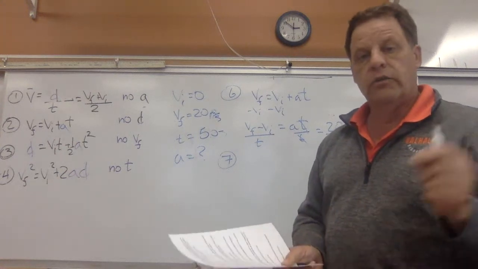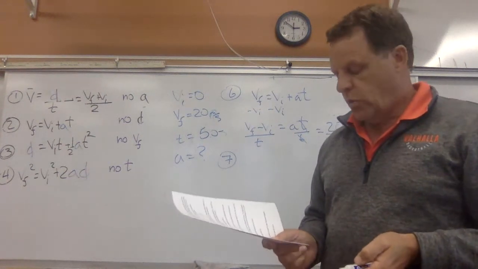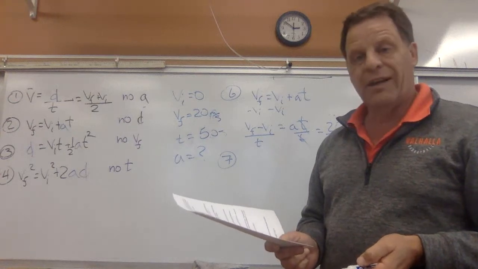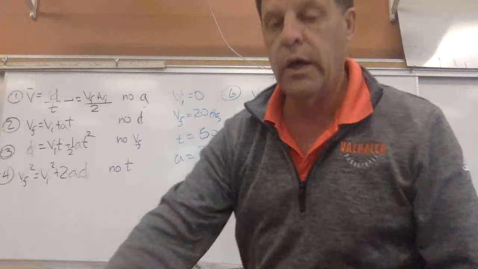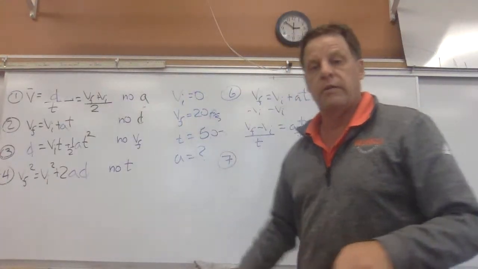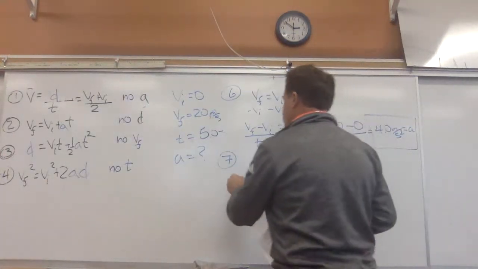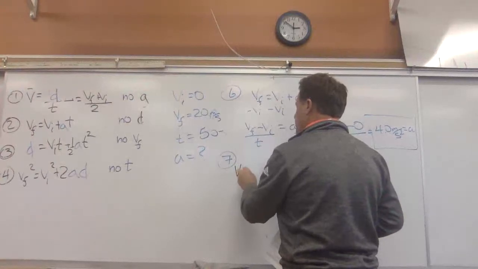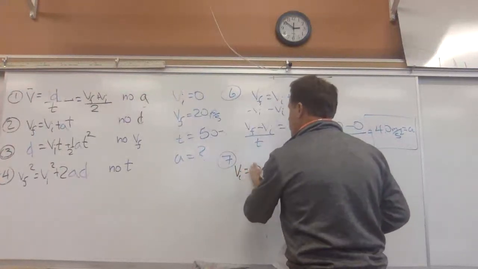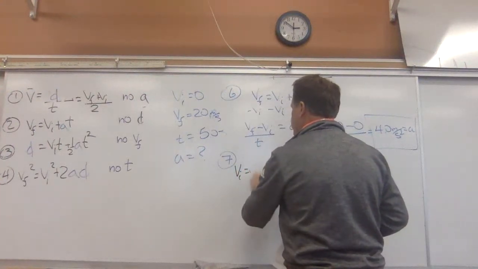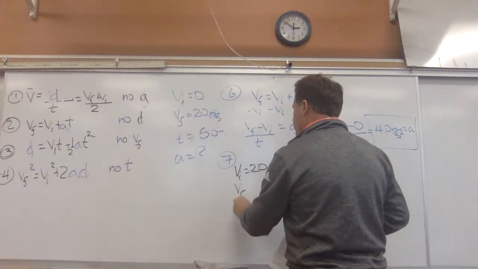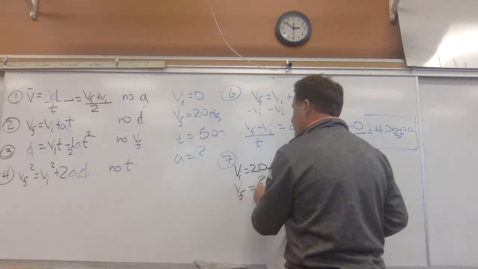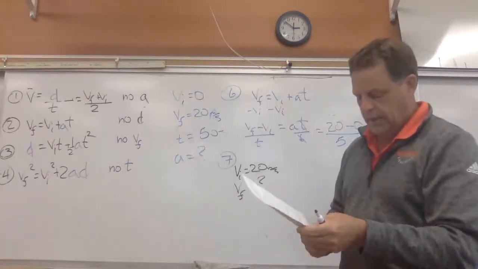All right, so question number 7, it says at the end of part 2, what is the car's velocity? Because this is in steps, we know that the car's velocity at the end of part 1, which is the beginning of part 2, is going to be 20 meters per second. So our initial velocity is equal to 20, and our final velocity is what we're looking for.